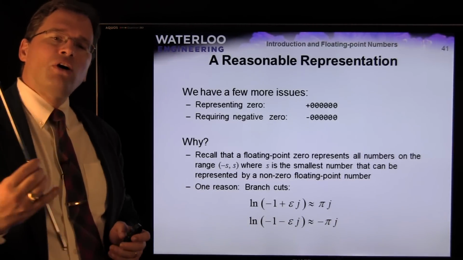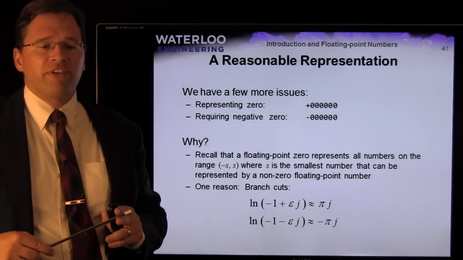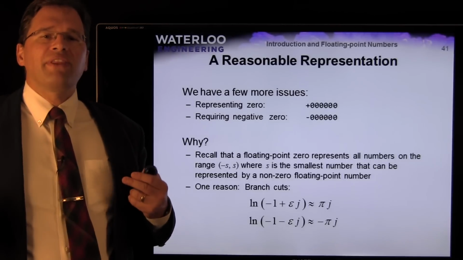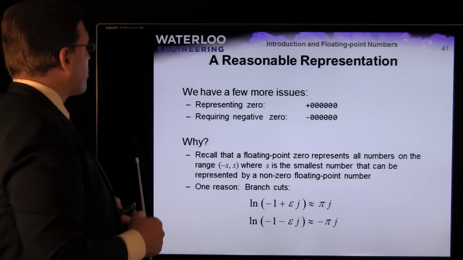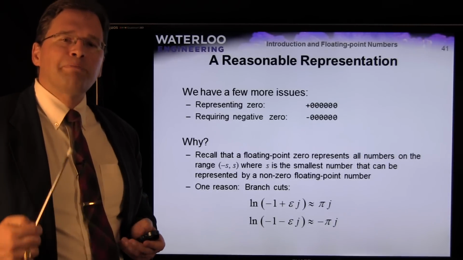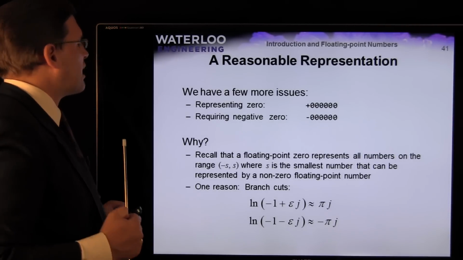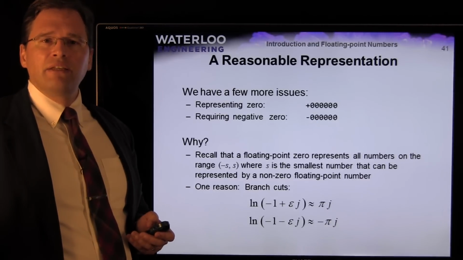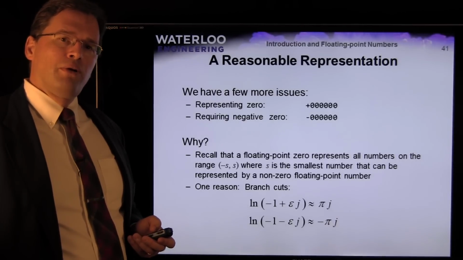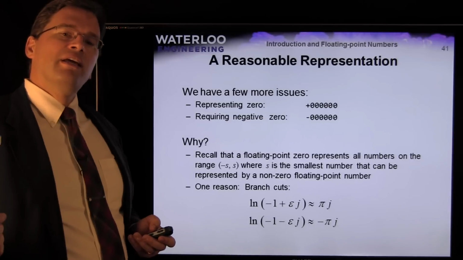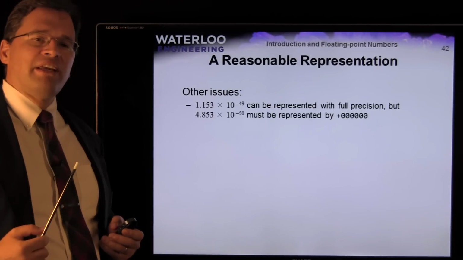So we actually have a discontinuity. There are certain circumstances, with other functions as well, where this can lead to serious problems. So the floating point IEEE 754 specifies a signed 0. Also, if you take 1 over 0, is that infinity or negative infinity? Well, if you have positive 0, you can let it be positive infinity. If you have negative 0, you can let 1 over that be negative infinity.